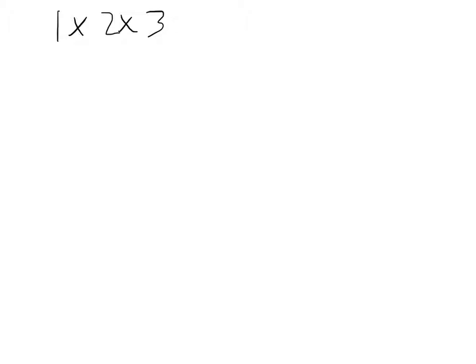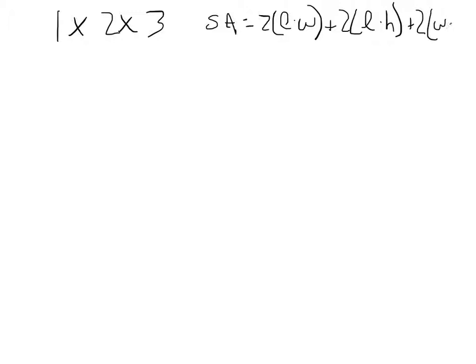And when we go through the first time, we just use our formula for surface area, which remember is surface area equals 2 times length times width plus 2 times length times height plus 2 times width times height.